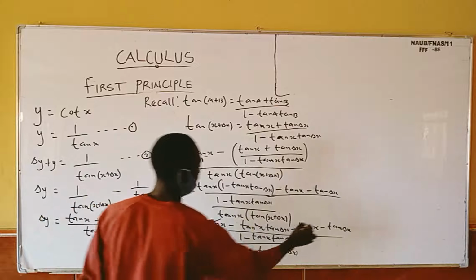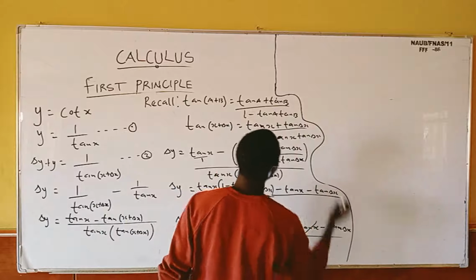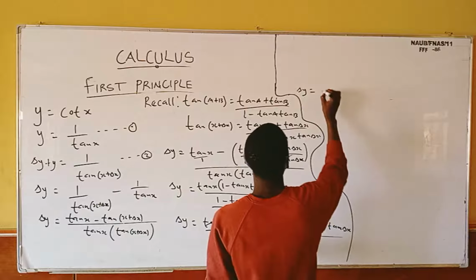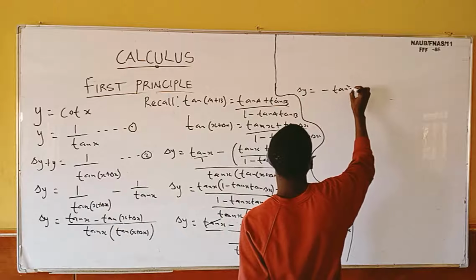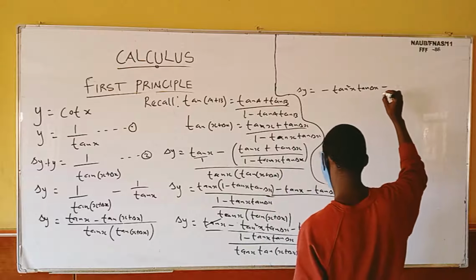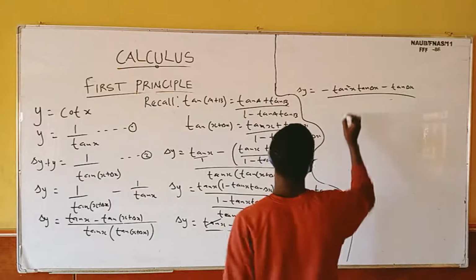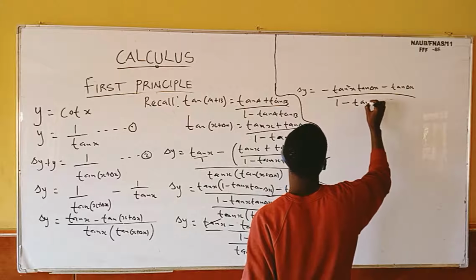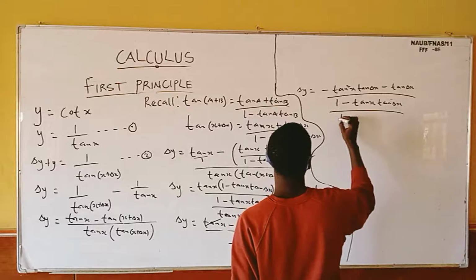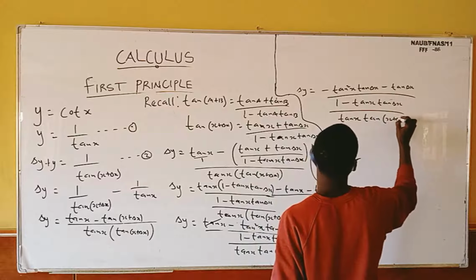You look, this will cancel out this. I hope you are following. So it means that change in y will be equal to, we are left with minus tan square s tan change in s minus tan change in s all over 1 minus tan s tan change in s, all over tan s tan s plus change in s.